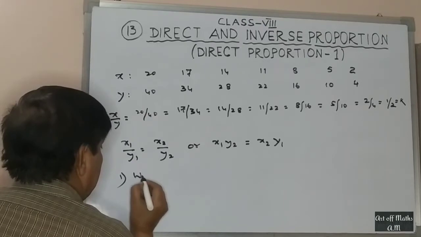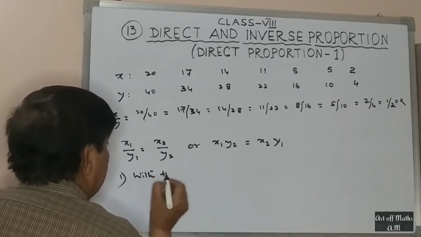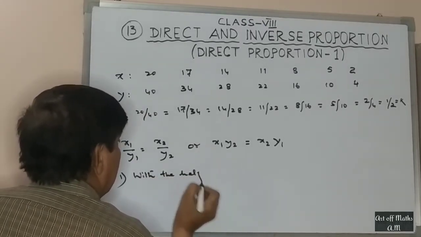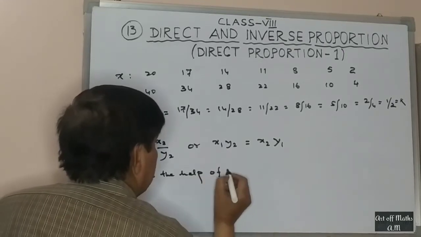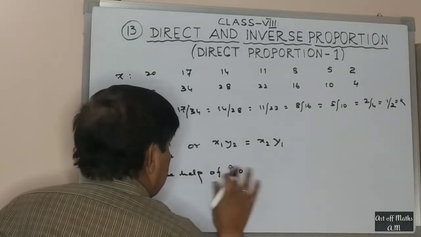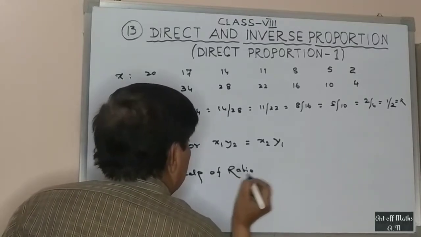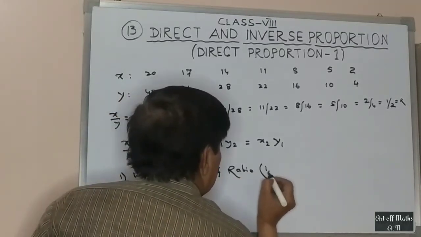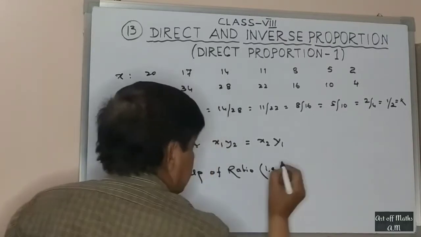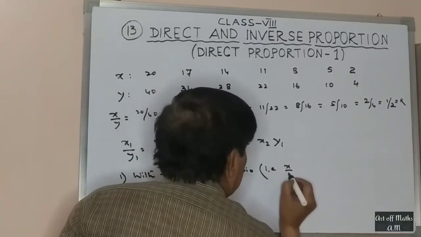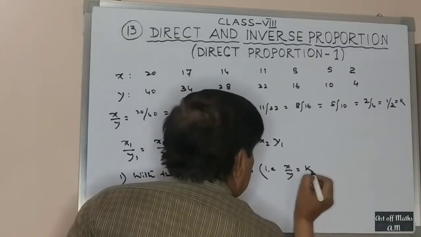First, with the help of ratio, that is x by y equal to k.